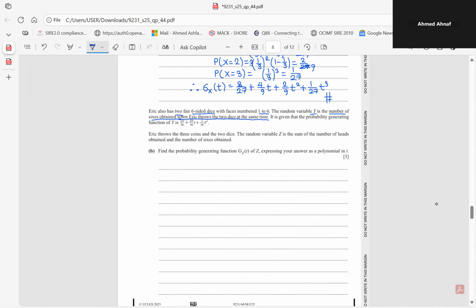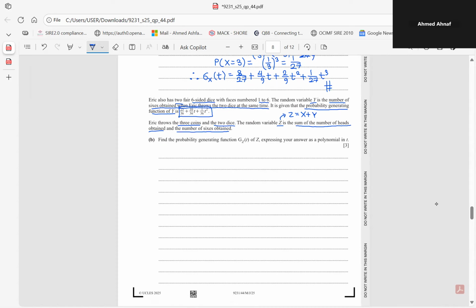We're given the PGF of Y, which is 25/36 plus 10/36 t plus 1/36 t squared. We're also told that Eric throws three coins and the two dice. Random variable Z is the sum of the number of heads obtained and the number of sixes obtained. So Z is basically just the sum of X and Y.